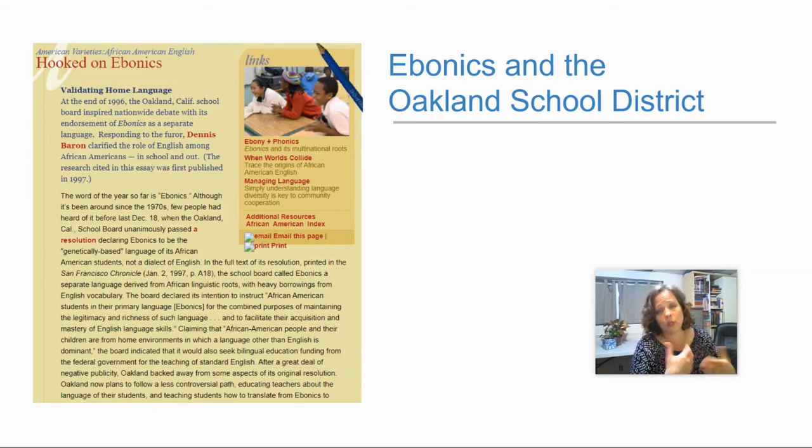And the result was that a lot of the researchers felt that their African American students would benefit from being able to understand their vernacular dialect as almost like a different language, and not necessarily to teach that, but to teach that code switching, and also in doing so validate their language.